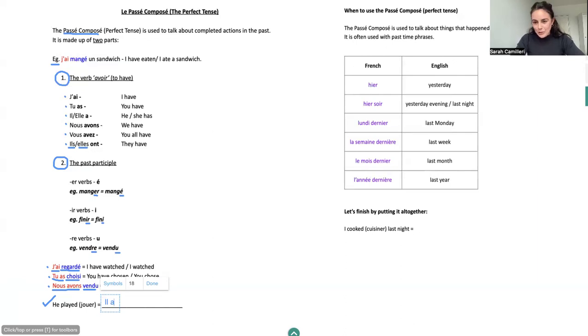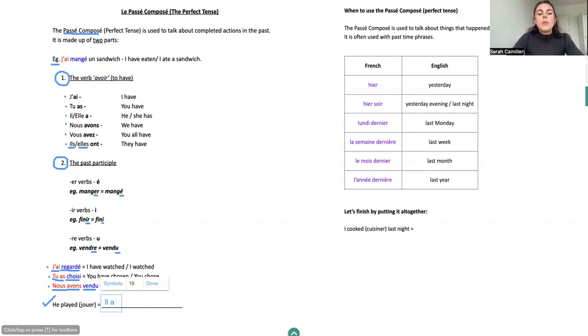Il a would be correct. Il being the pronoun he, and a being the correct form of avoir for il. So il a is the first part. The second part is changing the main verb jouer into the past participle. So like I said before, you need to be able to identify what group it falls into. And as we can see here, it falls into the ER group.